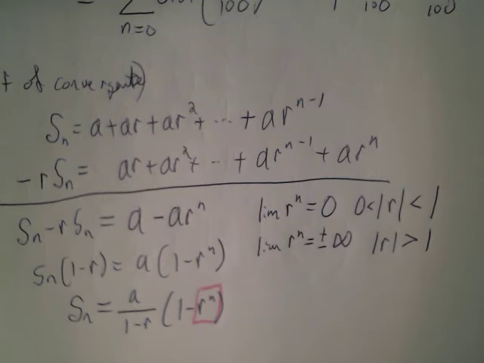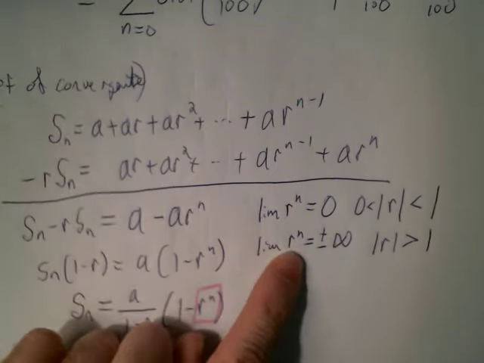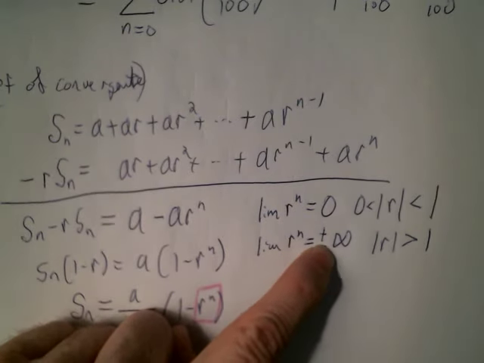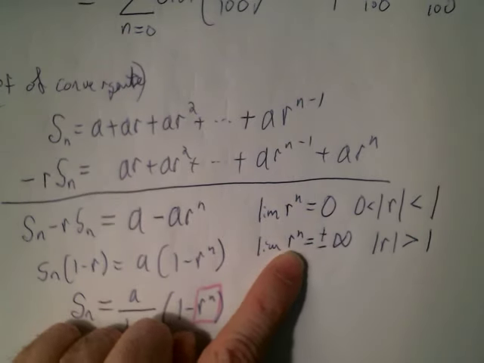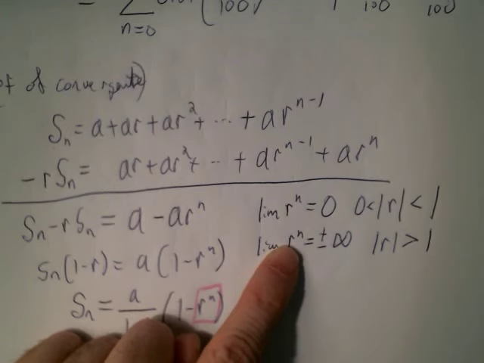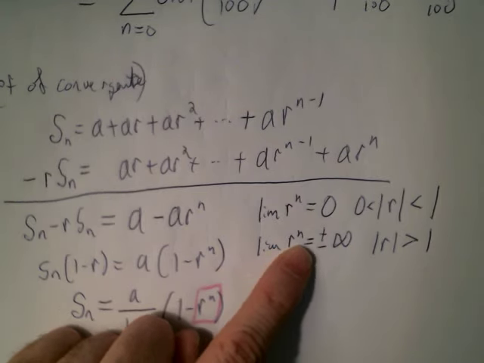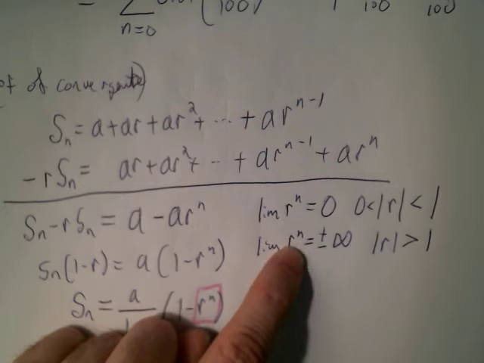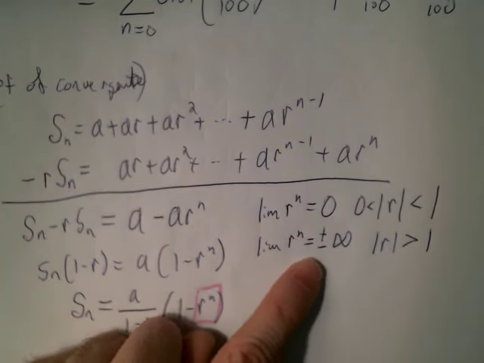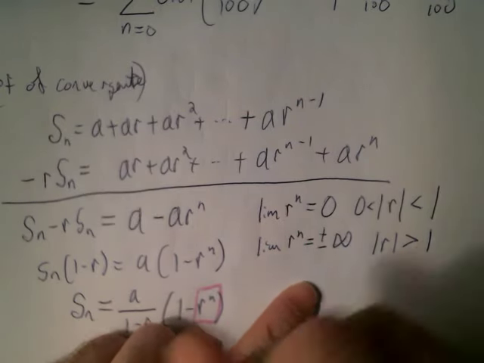I guess I'm thinking, is it ever equal to negative infinity? If r is positive, it'll definitely go to positive infinity. If r is negative, you're going to have terms like negative 3 squared, negative 3 cubed, negative 3 to the 4th. So it's going to have that kind of oscillating behavior.